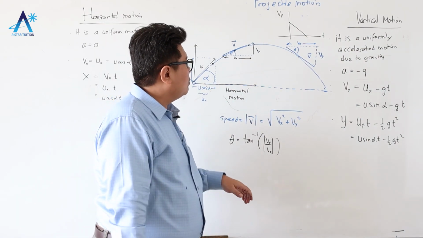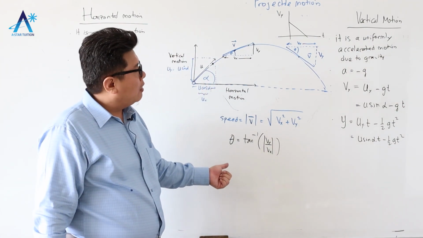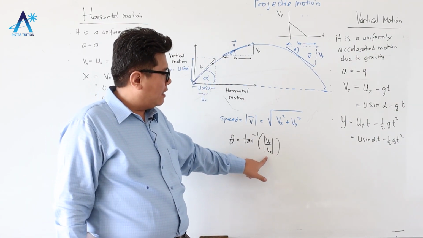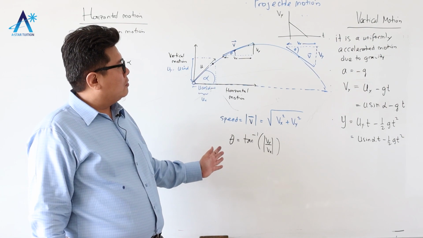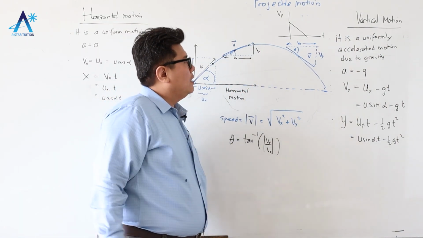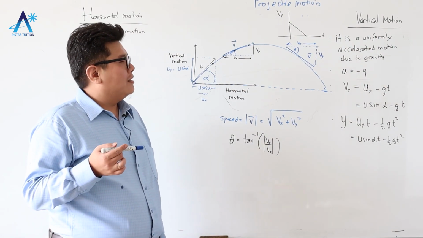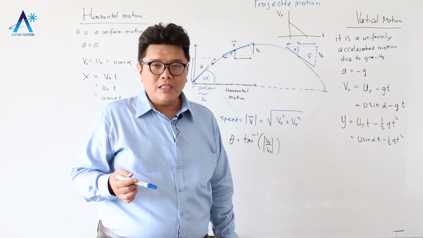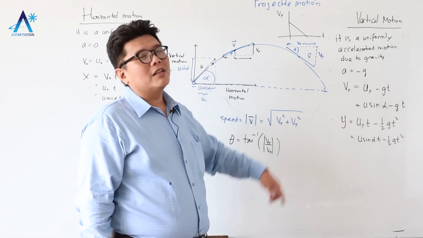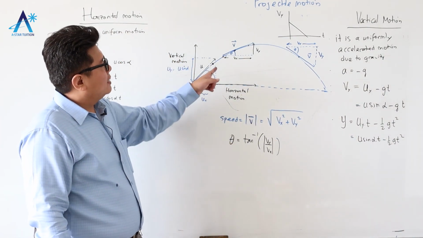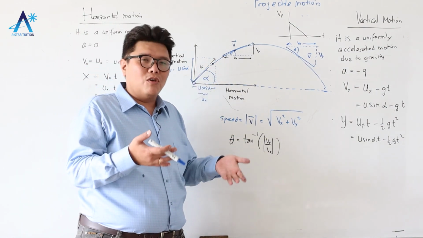So to avoid confusion, it's better to take the absolute value of vy, divide by vx, and then find the inverse. To distinguish this angle from that angle, you can add a description to your answer, like the angle of the velocity vector is theta degrees below the horizontal axis, or in the other case, theta degrees above the horizontal axis.